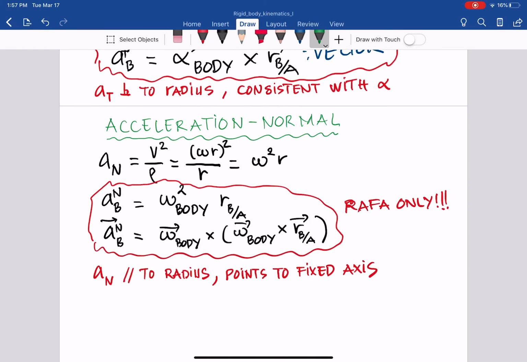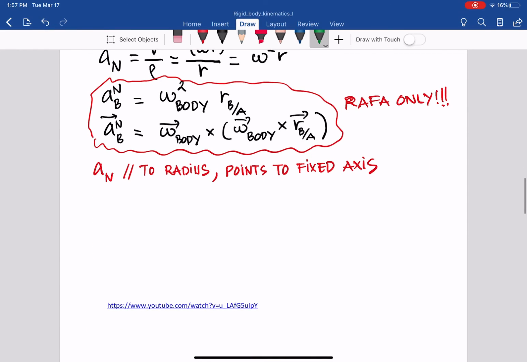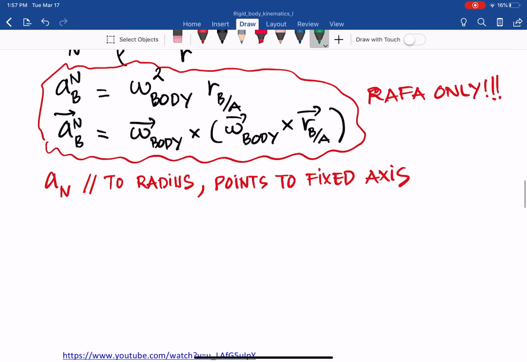So let me make a few notes before we conclude this video, before we move on to another short video for the class. So let's continue. Here we have A_T and A_N. We need to specify which point. So this is a point property.